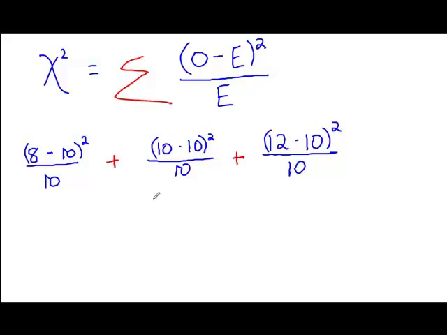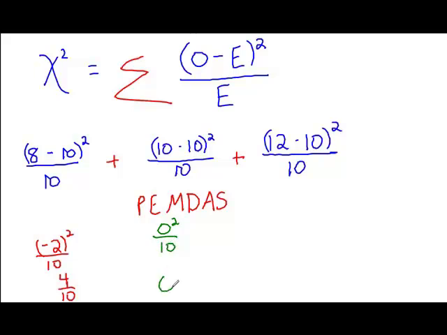Using order of operations, remember from high school, please excuse my dear Aunt Sally: parentheses, exponents, multiply, divide, add, subtract. In my parentheses, 8 minus 10 would be negative 2. That has to be squared and divided by 10. So I have 4 divided by 10. Second value, 10 minus 10 would be 0. 0 squared is still 0. 0 divided by 10 would be 0.